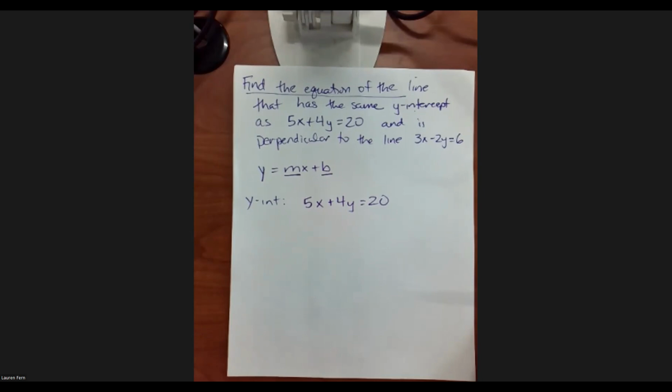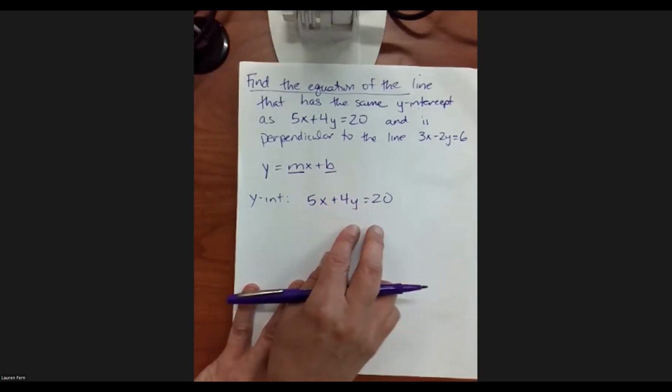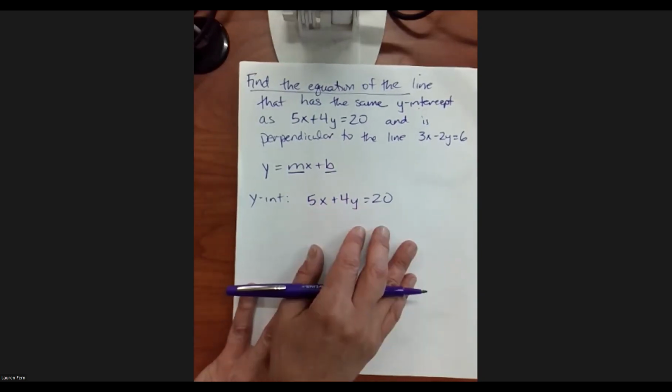What's another way we could find our y-intercept here? By definition, your y-intercept is your value of y when x is 0. It doesn't matter which way you find it, you're going to get the same thing. That's the beautiful thing about the consistency of mathematics as opposed to humans. So how do you want me to find it? Do you want me to set x equal to 0 and solve for y?